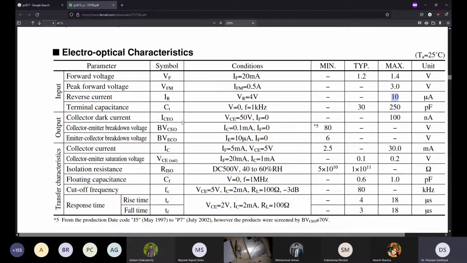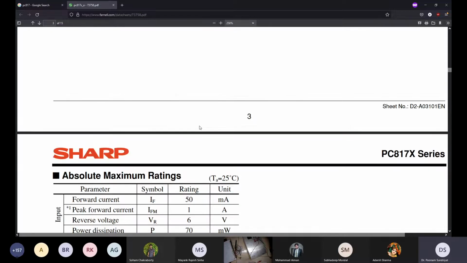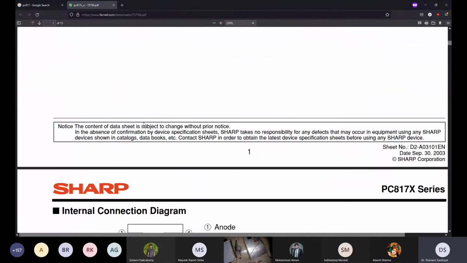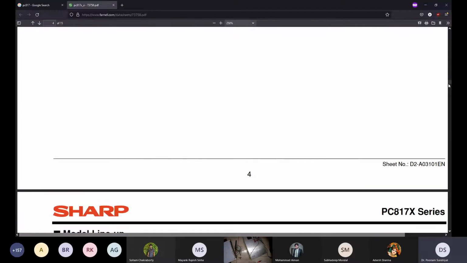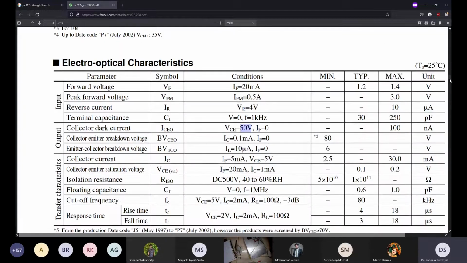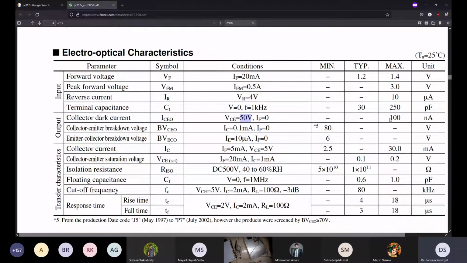So the dark current for a voltage of 50 volts is 100 nanoampere. What does this 100 nanoampere mean? That the primary side is off, it means the primary side has not been energized. Even if you apply 80 volts or whatever voltage difference between points 4 and 3, that is known as the dark leakage current, and at approximately 50 volts it will give you 100 nanoamperes.